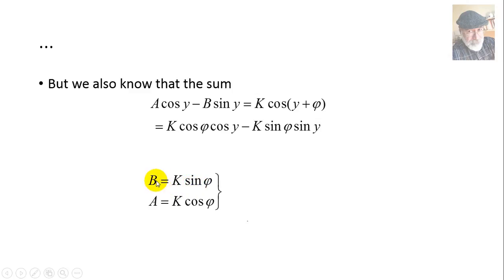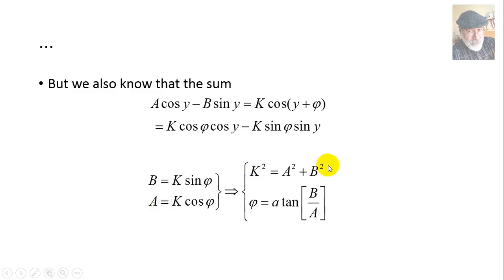If we square both equations and add them together, we're going to get this one on the top. You say, how come? Sure, you're going to get k squared sine squared plus k squared cosine squared. That is k squared. Remember, sine squared plus cosine squared was 1, right? And it is on the other side. And if you divide them, k cancels k, and you get b over a is the tangent of phi. That's how we find them.